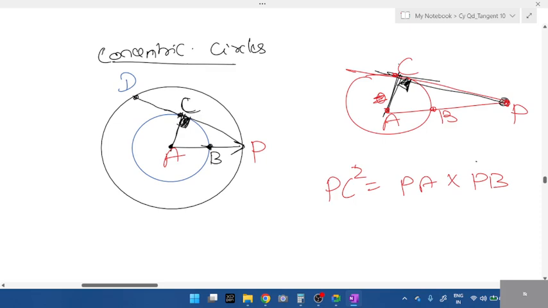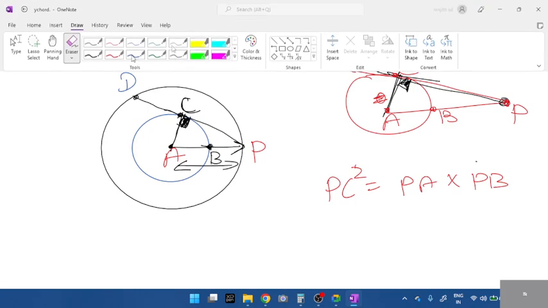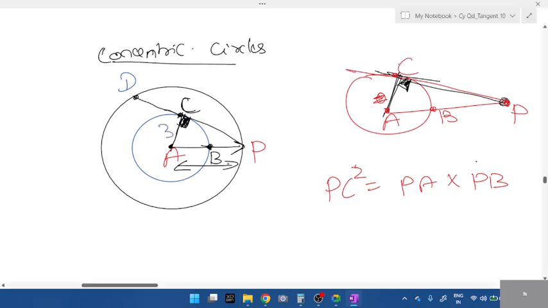If they give the radius as 3 centimeter, and the length of A to P is 4 centimeter, OP is 5 centimeter. They'll tell you to find the tangent PC, students, PC.